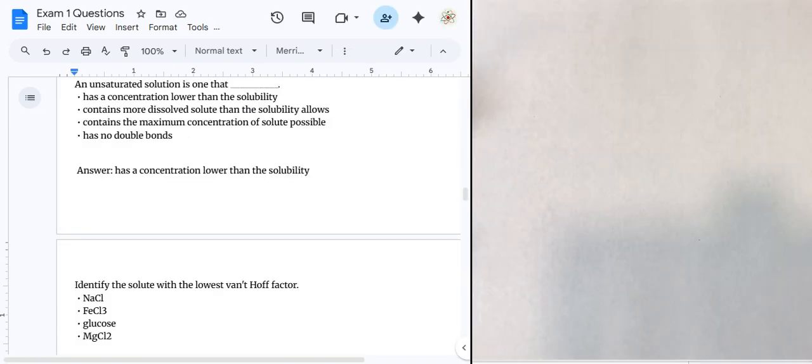Now I'm going to do some questions using what we just learned. Identify the solute with the lowest Van't Hoff factor. NaCl will have a Van't Hoff factor of 2, so i would be 2 for this.